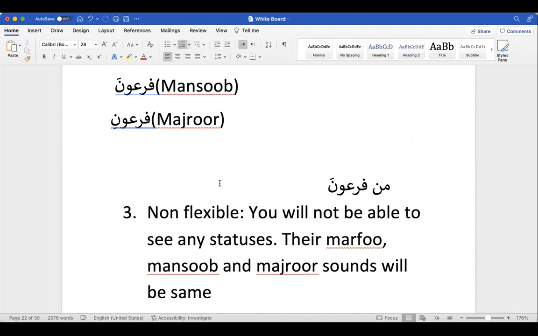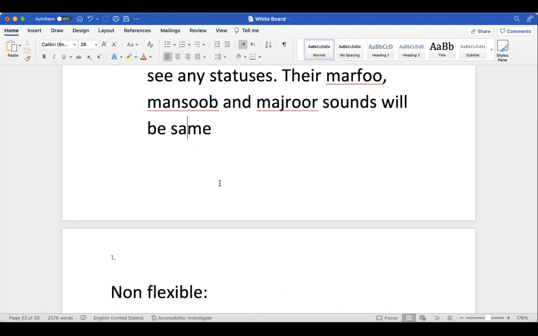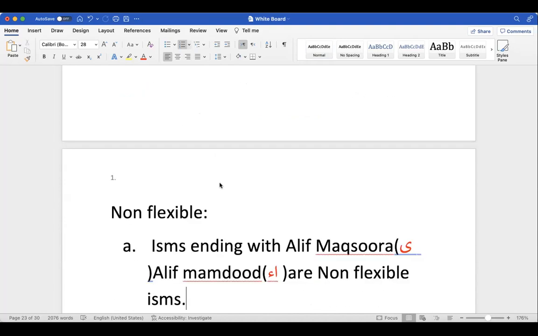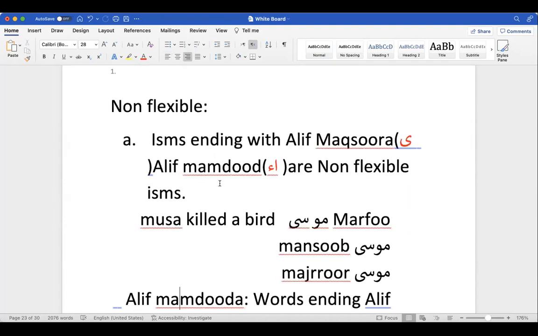As for non-flexible, we don't see any kind of ending sound in any of the states, whether it is marfu, mansub, or majroor. We have seen the non-flexible isms are those which end with alif maksura, like this, ya, or alif mamduda, like alif and hamza. They're all non-flexible isms.